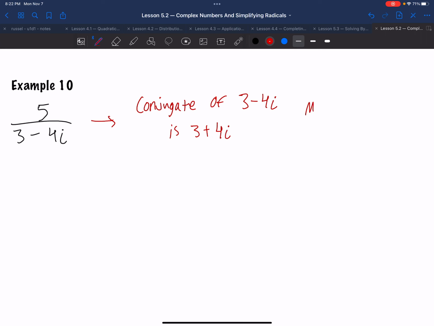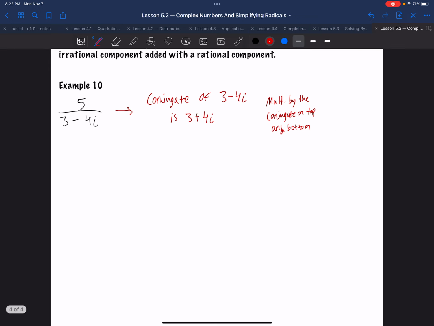I will multiply by the conjugate on top and bottom, the exact same way I rationalize stuff. So then this is going to become 5 over 3 minus 4i times the conjugate, 3 plus 4i. And I'll put those in parentheses. 3 plus 4i.